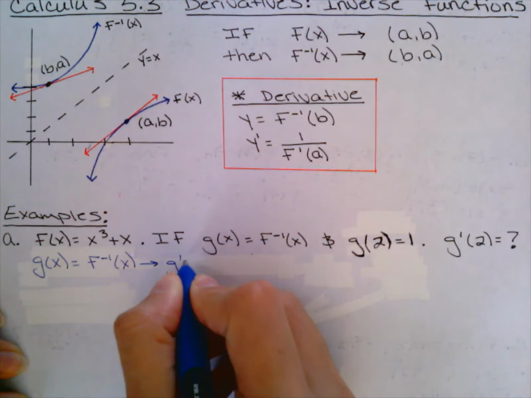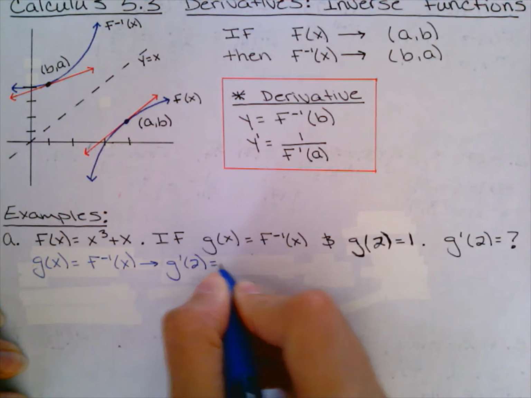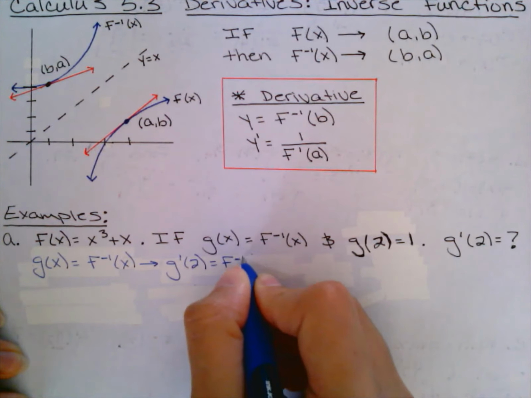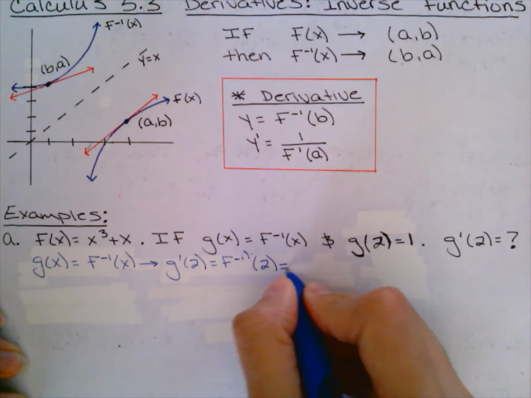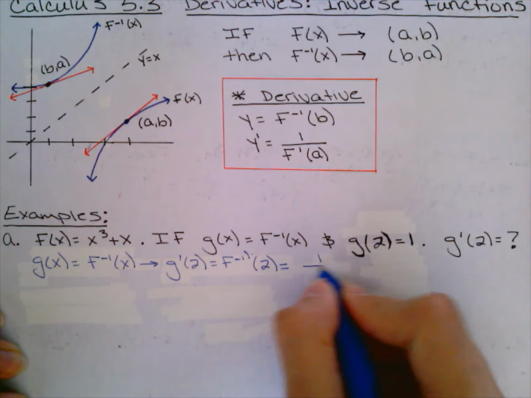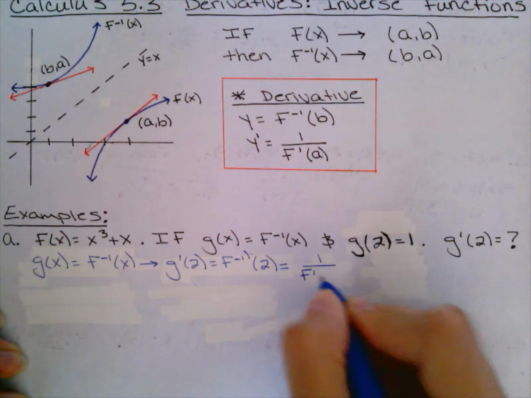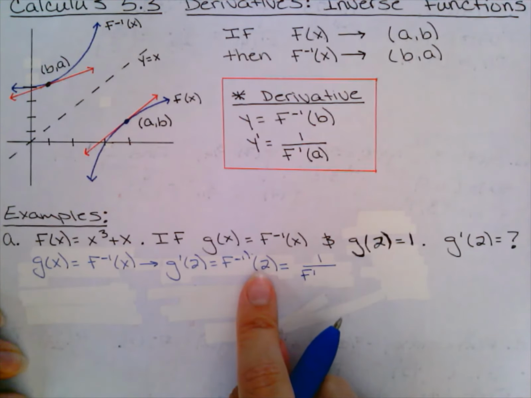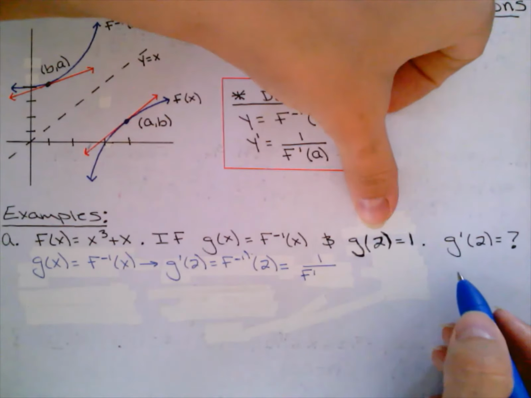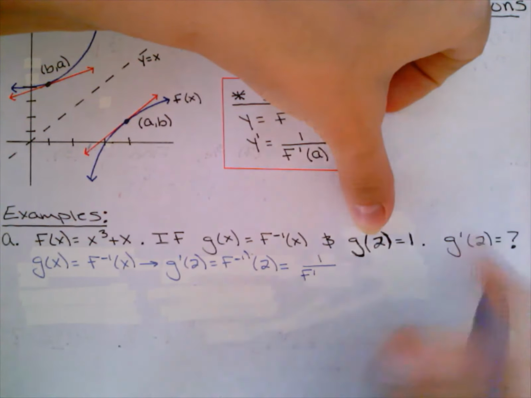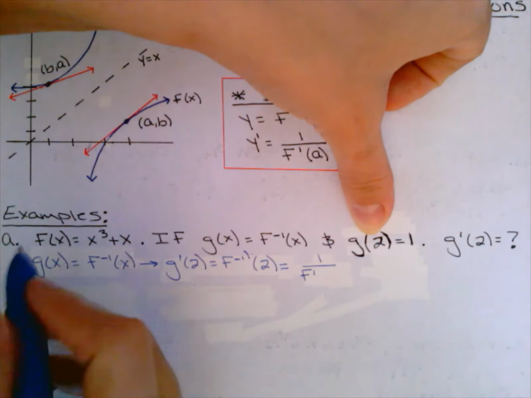Okay? So if they gave us g of x to mean the inverse of f, then what I'm really finding, instead of g prime of 2, is the inverse of f prime at 2, which is equal to 1 over f prime at some other x value, which we're going to take a moment to find now. So here they're telling us that g, which remember is really just the inverse.